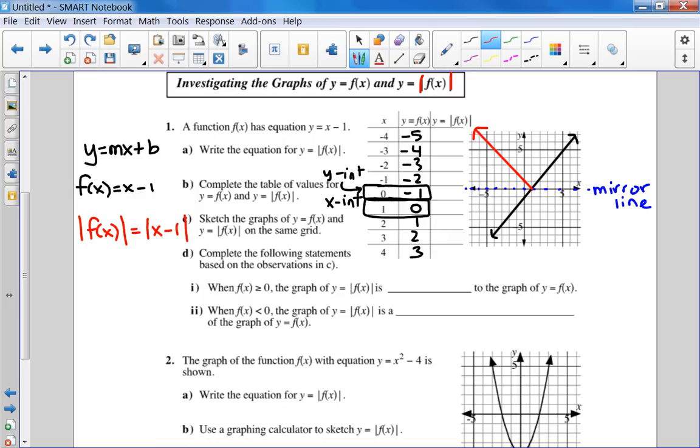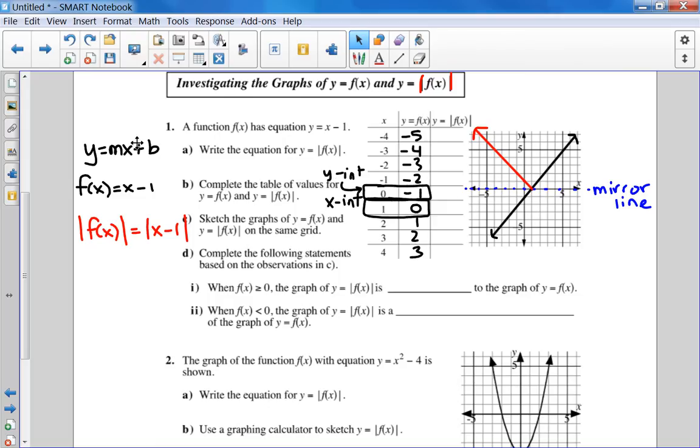Again, making the connections here, especially you guys going into 30-1, 30-2, this f of x represents what? In terms of x or y? It's the y. So if we're going to slap on absolute values here on f, that means we have to slap the absolute values on y.